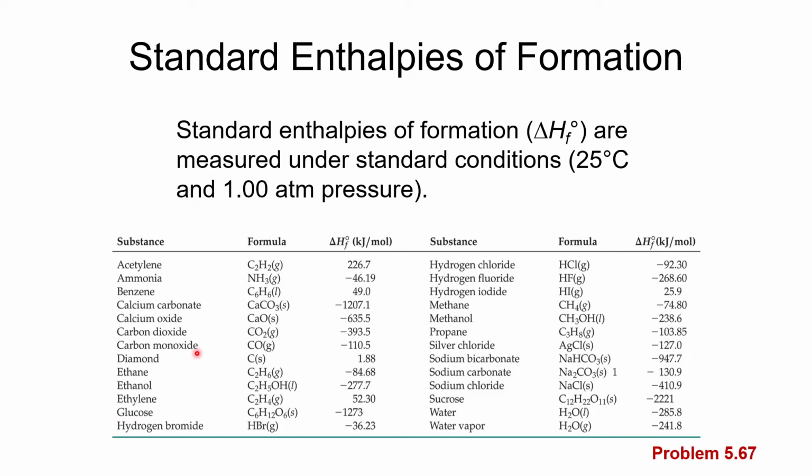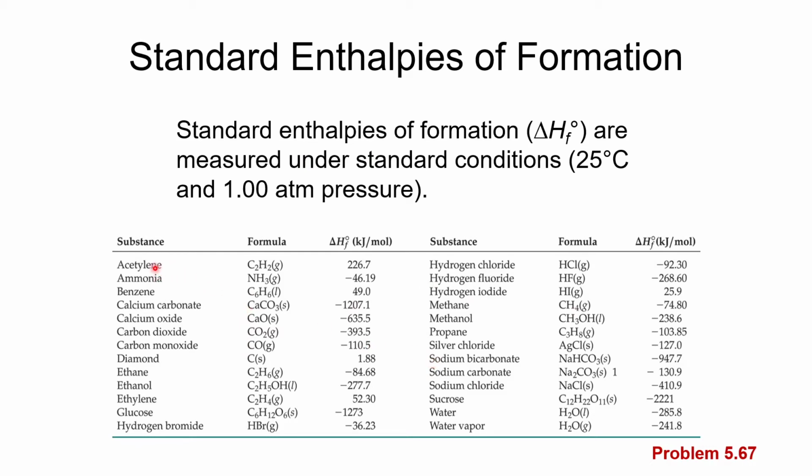And to do this, you will need to have the values for the enthalpy of formation, and you will also need to know what the elements are in their elemental forms. Now, I've got several here that are listed where we've got the enthalpy of formation for these substances.